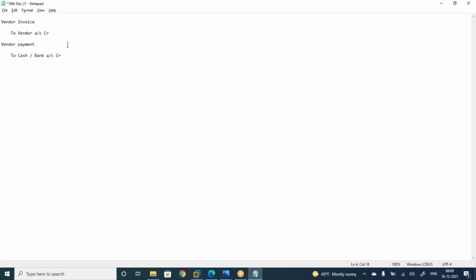Simplest shortcuts to remember. If it is vendor invoice, because debit means positive, credit means negative. So for vendor invoice, I need to pay money. It is a credit.